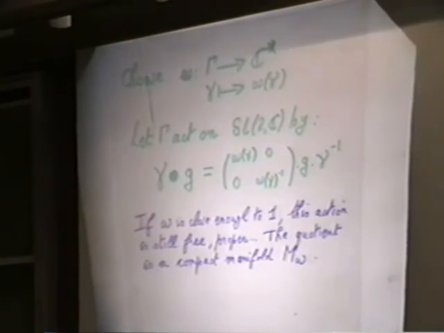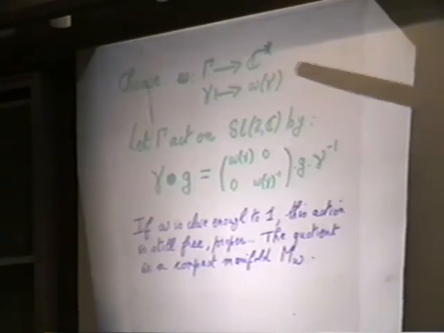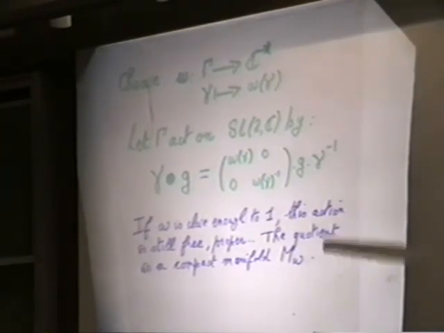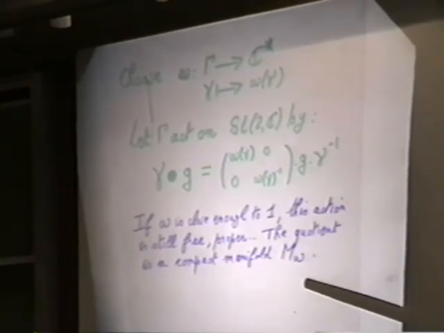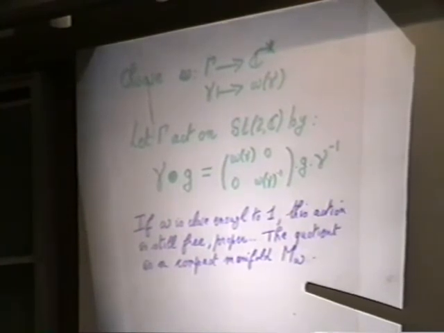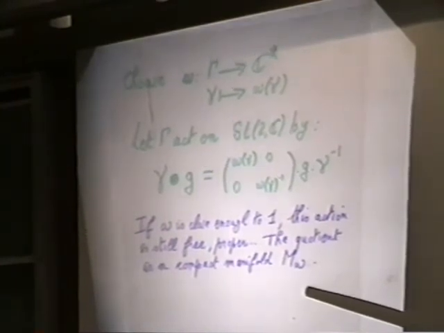And the nice fact from topology, not very difficult to check, is that if omega is close enough to the trivial homomorphism on a given system of generators, then this new action of gamma on SL2C is still free, proper, totally discontinuous, and so on. So you can go to the quotient.